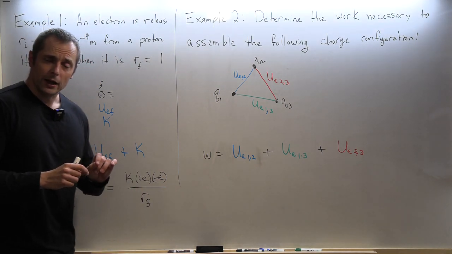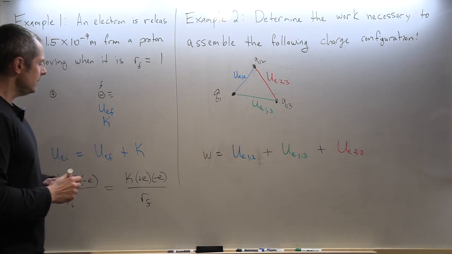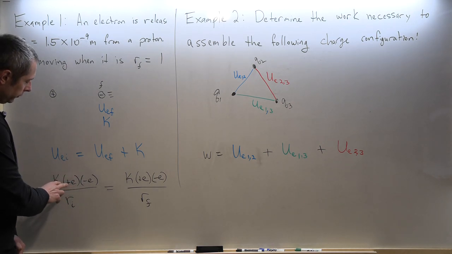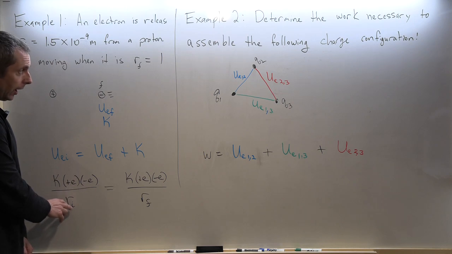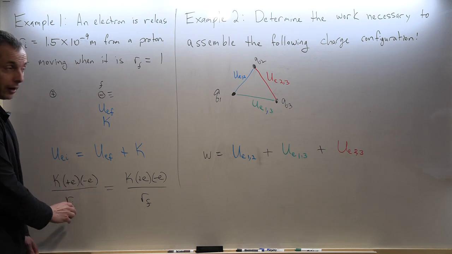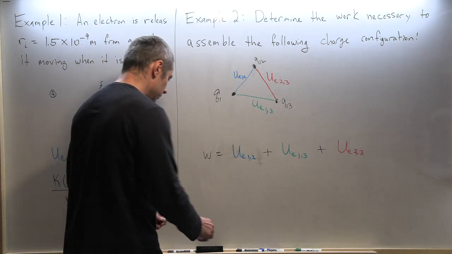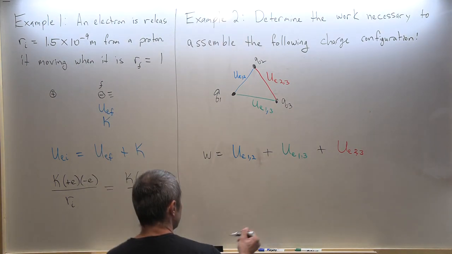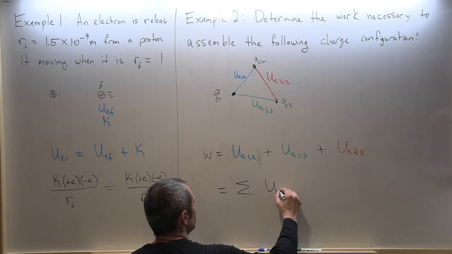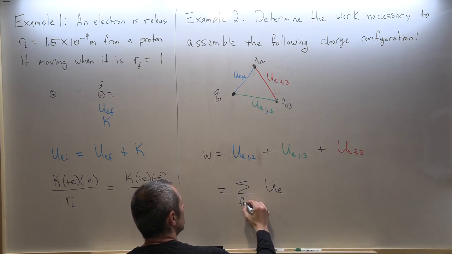So, like I said, I am not going to plug in all the details, but basically you would just do KQ1Q2 over R, KQ1Q3 over R, and KQ2Q3 over R. So you do the sum of U electrical for all pairs.